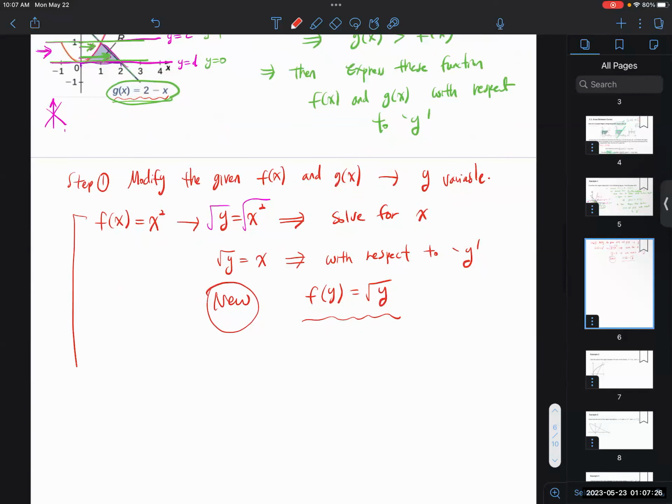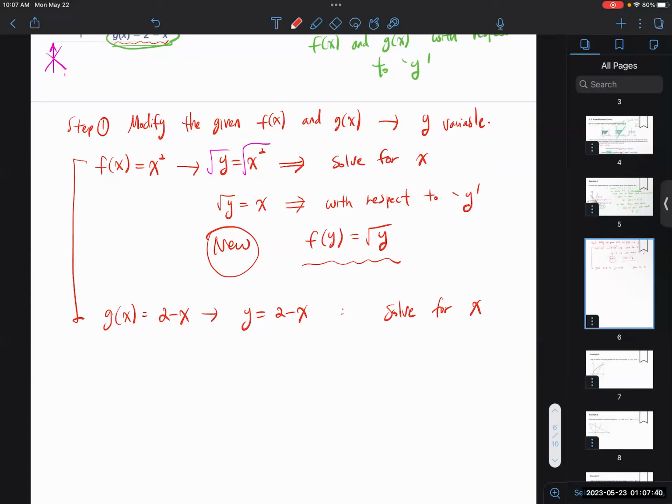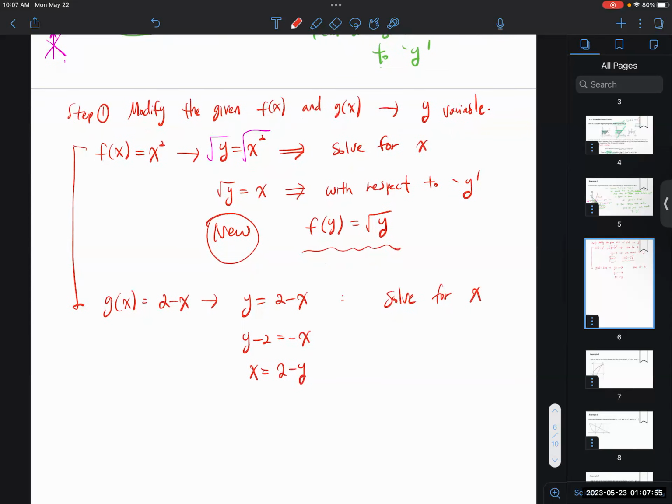Same thing, we're going to modify the g function, which was given as 2 minus x. This means y equals 2 minus x, and we're going to solve for x. If you solve for x, y minus 2 equals negative x. In other words, x equals 2 minus y. Okay, so I divided by negative 1.